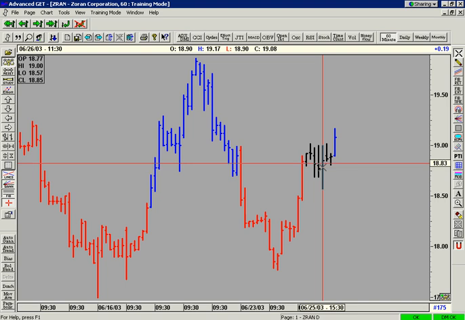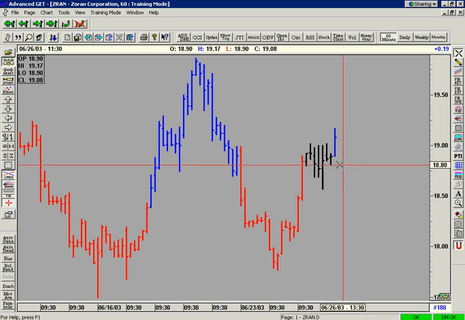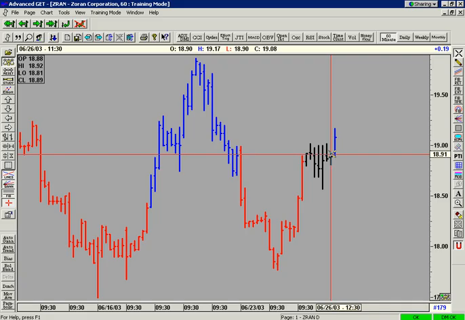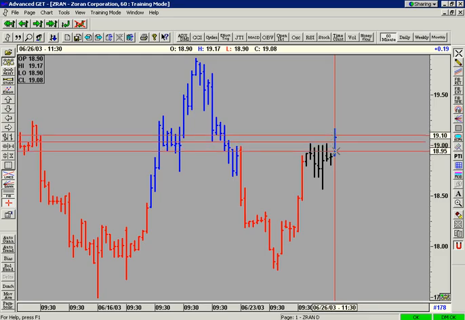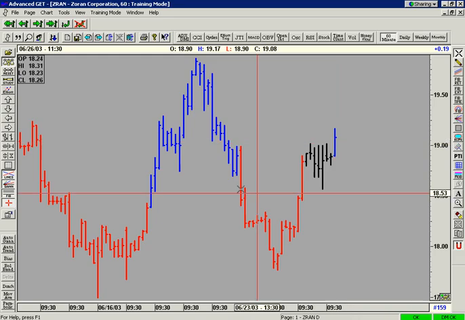What we can do with this study is start to apply some additional rules onto the trending markets that the XTL is identifying. In this case right here, at 11:30 on the 26th of June, we go from black bars to a first blue bar. Anytime we have a first bar of either blue or red, we call this the breakout bar.